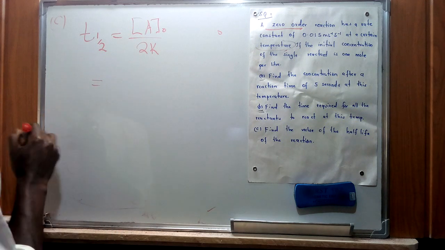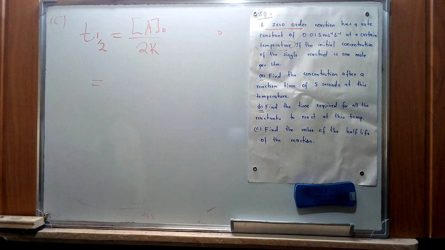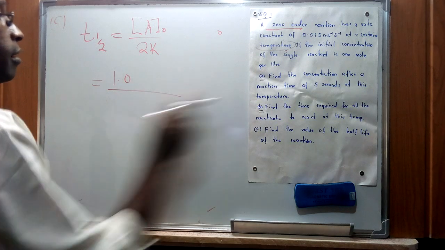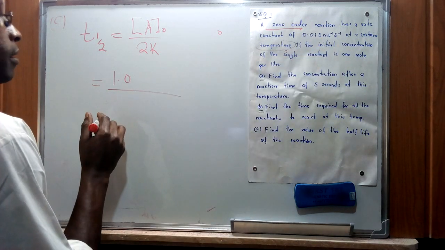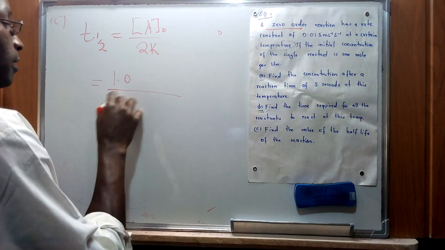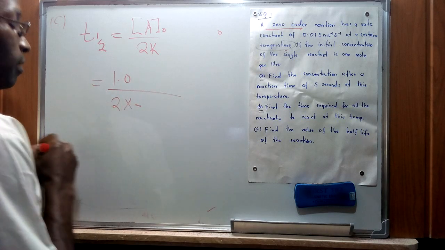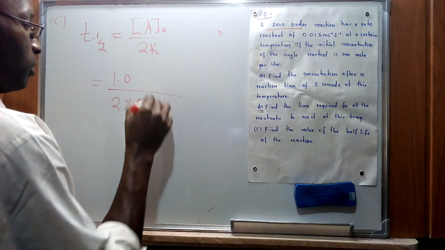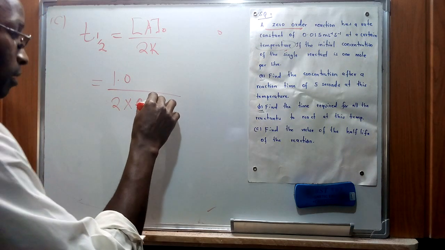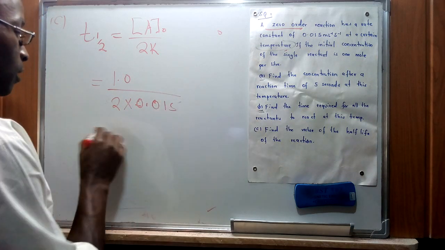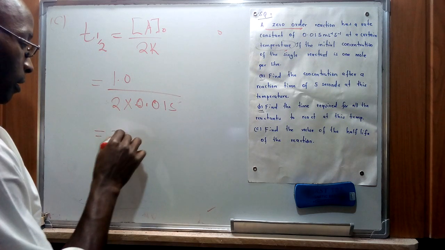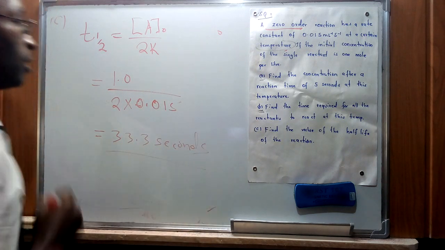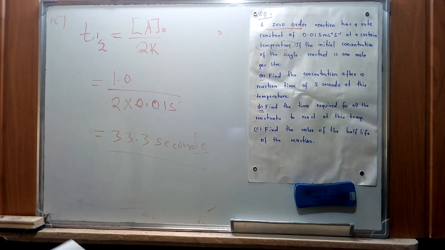So having done those specific calculations, we know the initial concentration was 1 molar, and then it is 2 times the rate constant, 0.015, which is going to give us 3 seconds. So that is for t half.